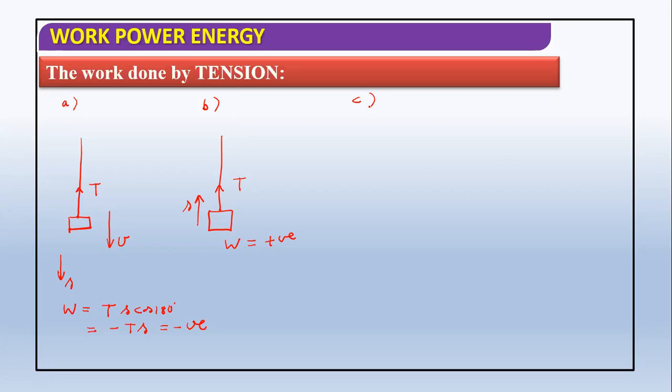If you have a pendulum and the pendulum is oscillating like this, you can see here that displacement is like this and tension is in this direction. So tension and displacement are perpendicular to each other.